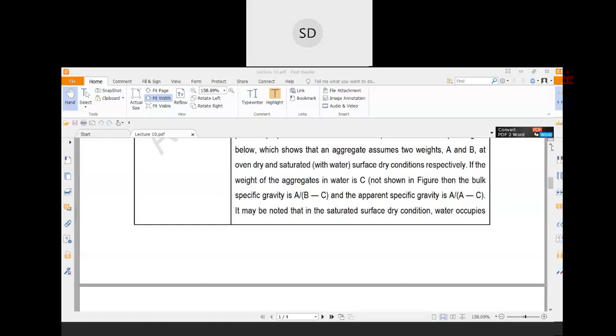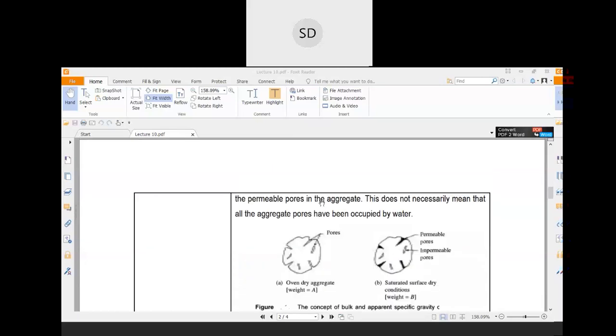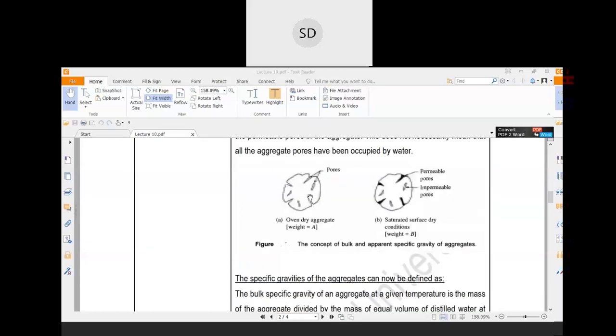So these are two very important definitions about the bulk specific gravity and apparent specific gravity. Now with this example, we can define the bulk and apparent specific gravity like that.